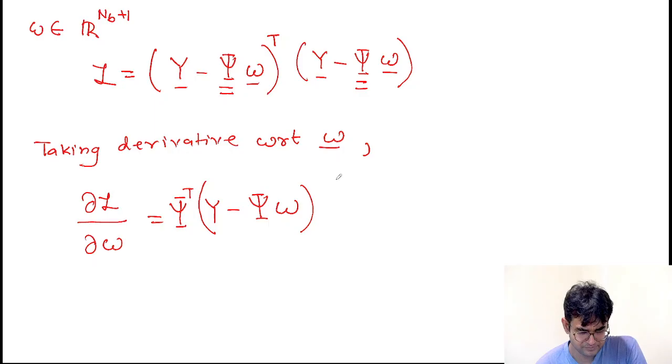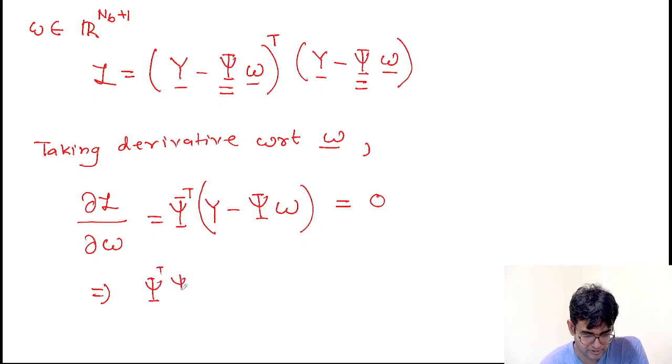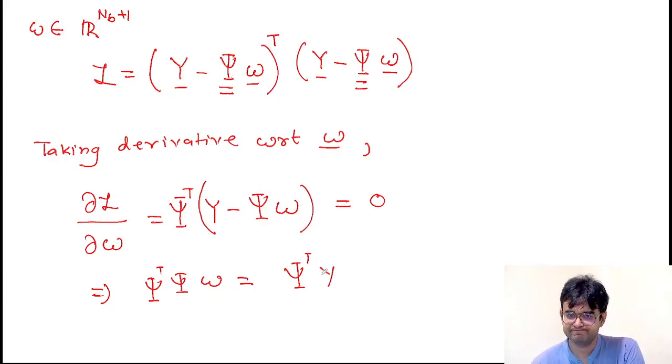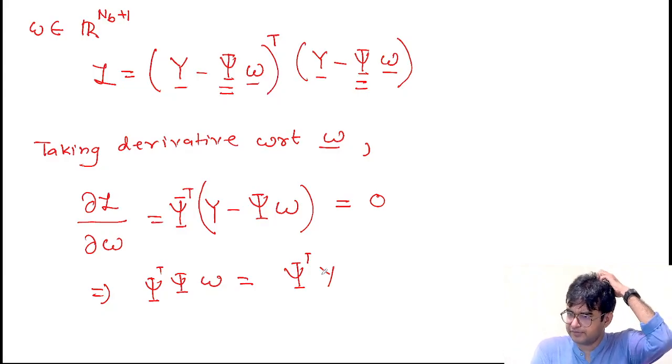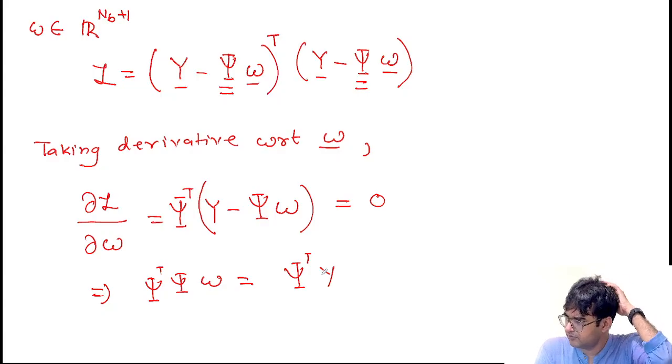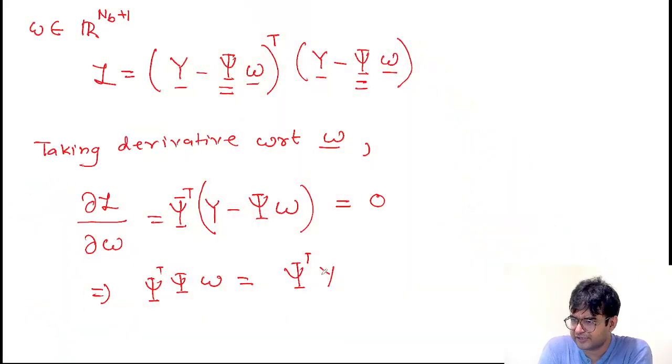And this will equate to 0, which will give you psi transpose psi W is equal to psi transpose Y, right? Correct? Straightforward, right? Because it was transpose, so it is like a square, so use the derivative law. I mean, obviously 1, 2 should come, I have not written that 2. That's okay.